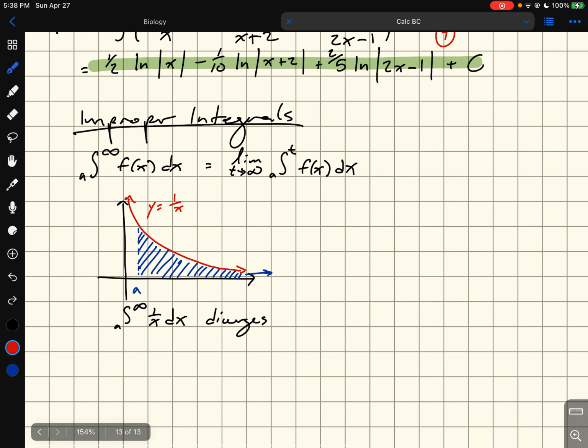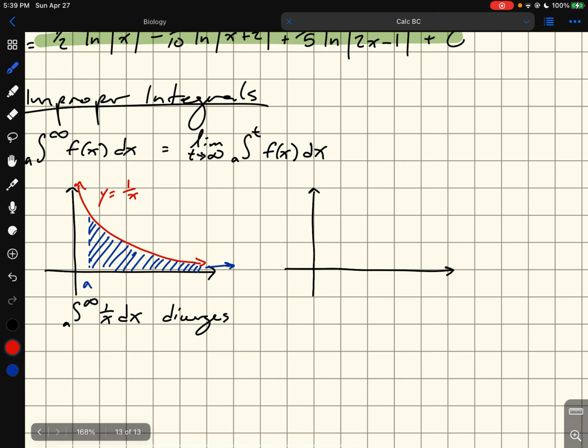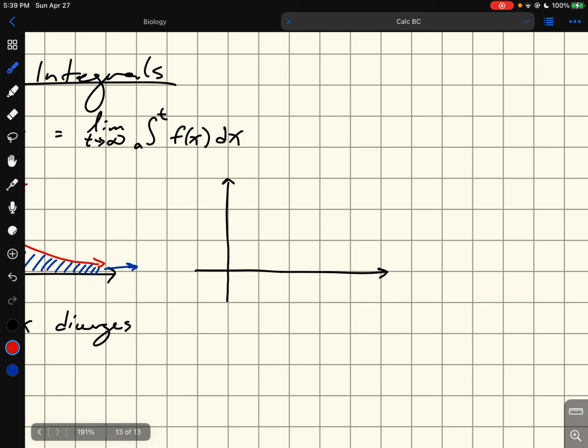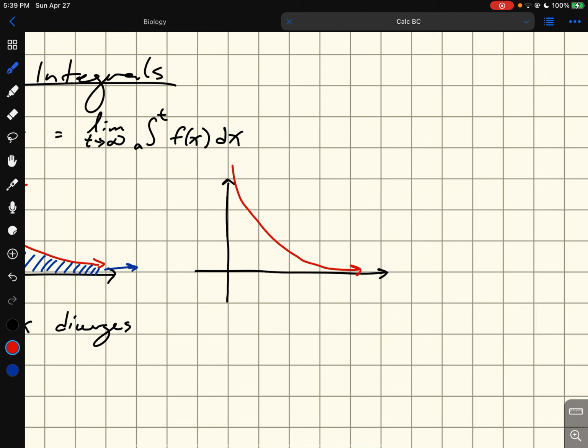But if we have a different graph, like this one, and let's say this is like this. And this graph is 1 over x squared. And we start at a here, just like the other one. So we're finding this area now. But you see how it gets like really tiny out here?